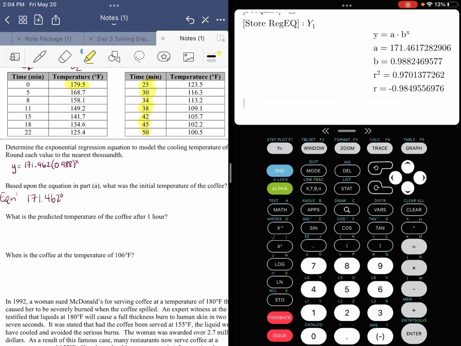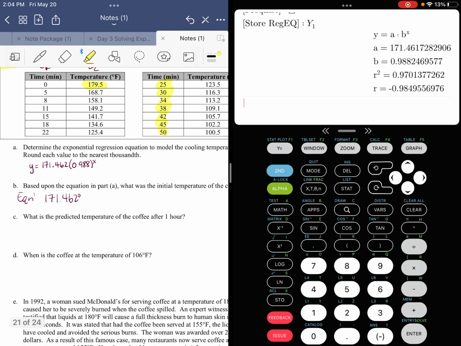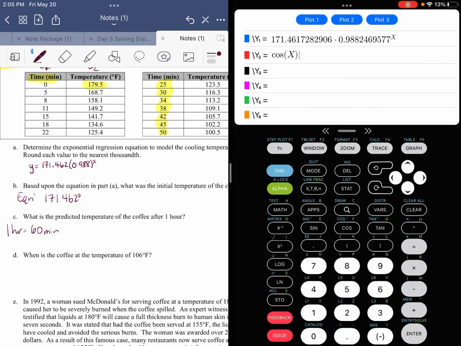What is the predicted temperature of coffee after 1 hour? Well, note that our points are in minutes, so 1 hour is equal to 60 minutes. So that's our x value. If we go to our y equals, you should see that it is stored in y1.